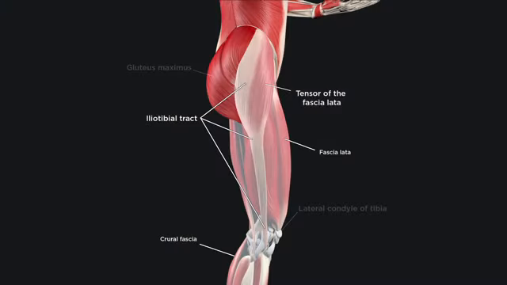Another muscle that, in a not-so-obvious sense, could be said to cross both the hip and the knee is the tensor of the fascia lata mentioned previously. In a cadaver, it appears like a pocket or packet of muscle within the anterior and superior aspect of the iliotibial tract.